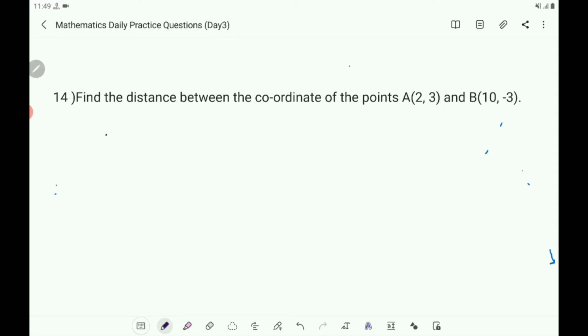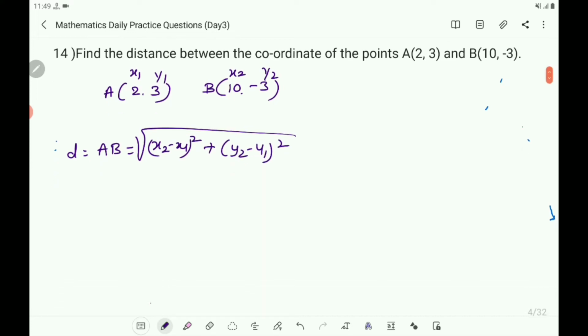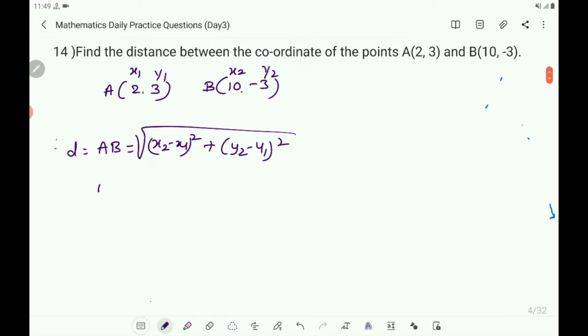Then you take that point A is 2, 3 and B is 10, minus 3, and you write these are x1, y1 and these are x2, y2, and you write the distance formula, that is distance D equals AB equals, what is that formula, whole root x2 minus x1 whole square plus y2 minus y1 whole square.